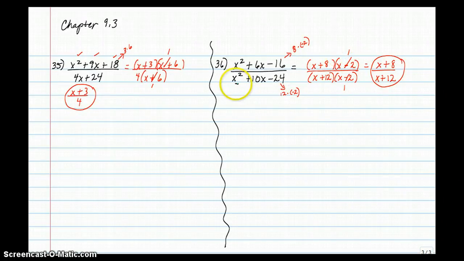And then for the denominator, same idea, x plus 12 times x minus 2. And you can see that the x minus 2's will cancel and become 1, so you're left with x plus 8 over x plus 12. Again, you can check that these factorings are correct, but we did that back in Chapter 5. And again, this is guess and check because this does not have a leading coefficient other than 1.